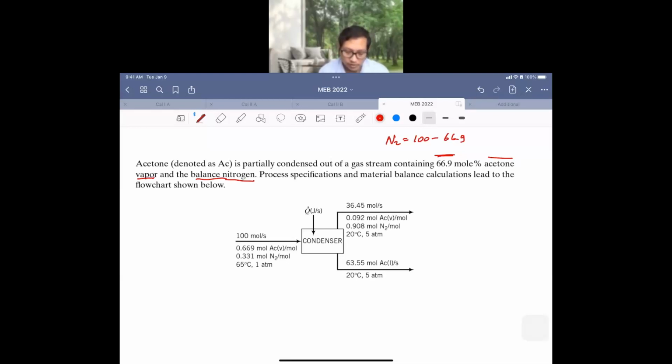This is our nitrogen here. This is the acetone. This is steady state, I forgot to mention. The process is steady state. And what we need to do is calculate the cooling rate.